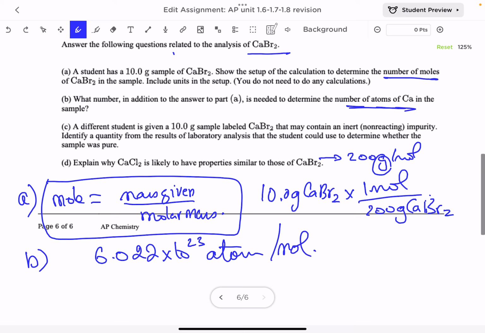So whatever number I get from this division, this calculation, I can multiply it by Avogadro's number. But here I don't need to do any calculations. I just need to say that we need Avogadro's number.